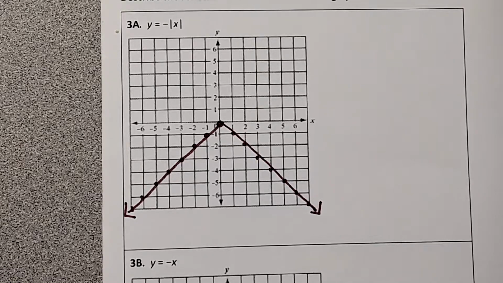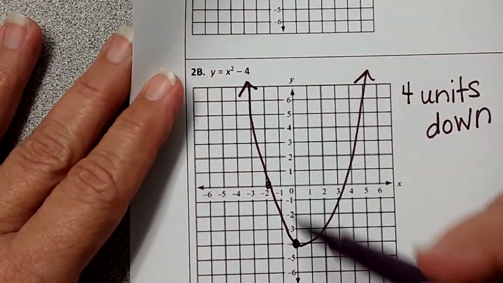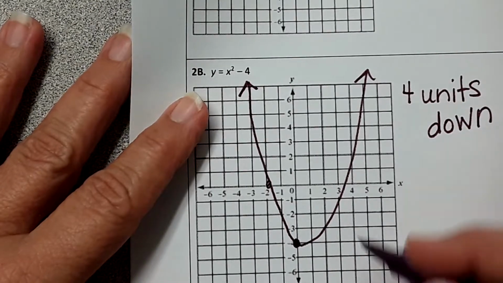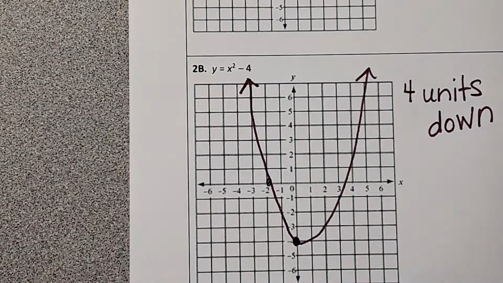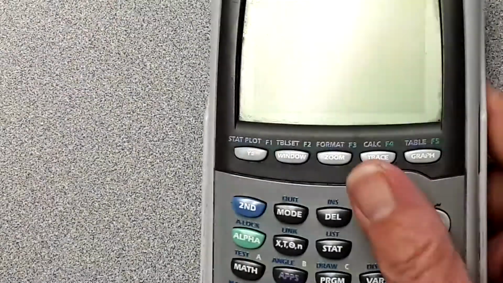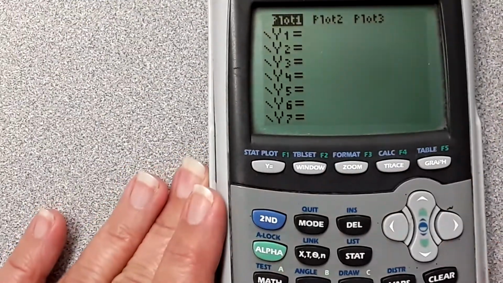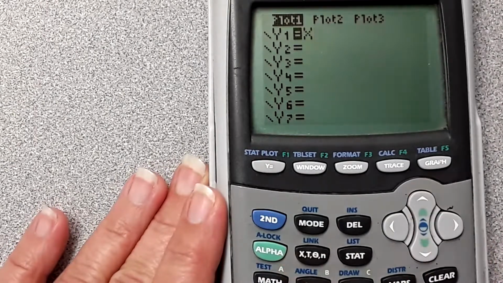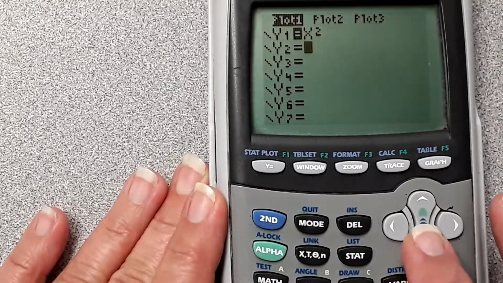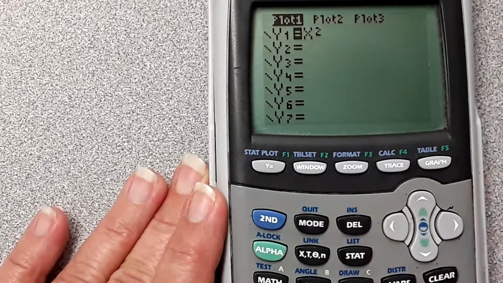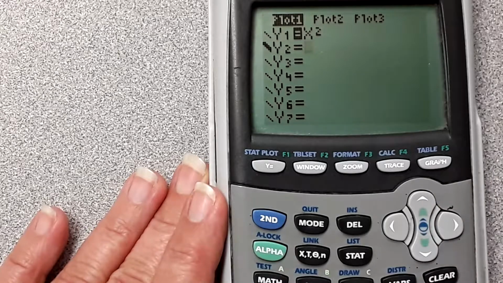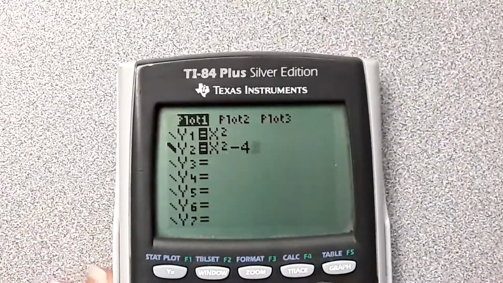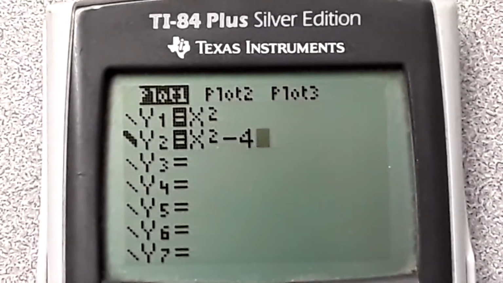Okay, so I just want to go back to this graph really quick, you guys. We moved it down, and we could have made a chart. It shouldn't have opened. Let me just show you what it should have looked like. Okay. It was x squared minus 4. So the first graph you see, guys, is going to be the x squared.